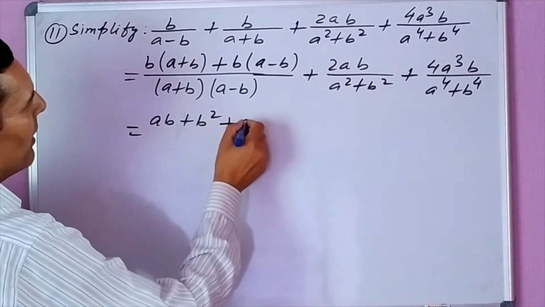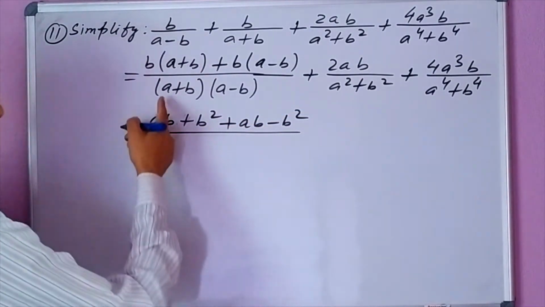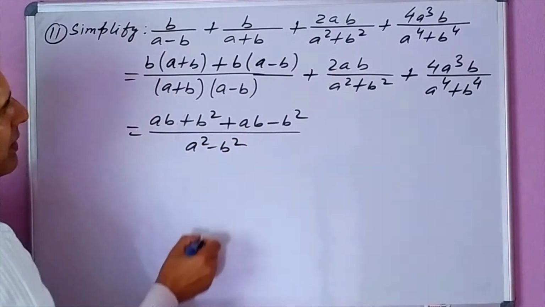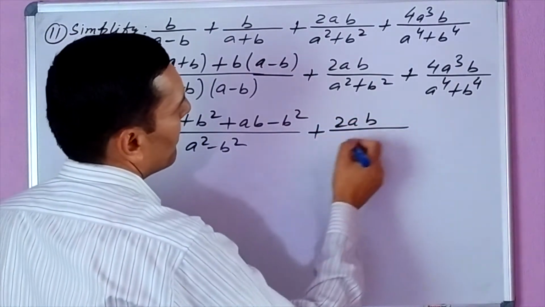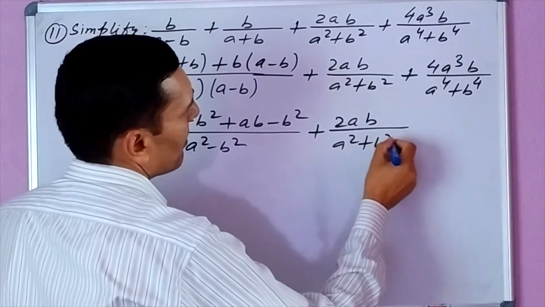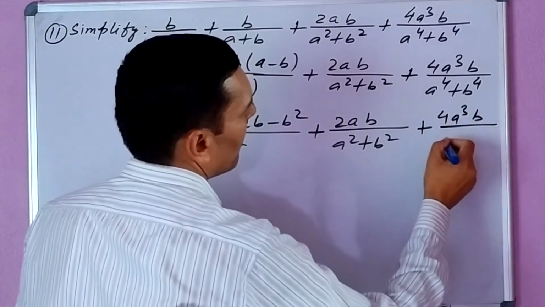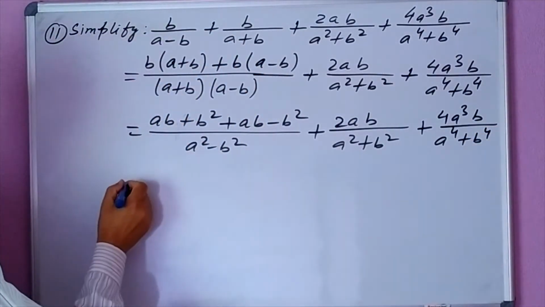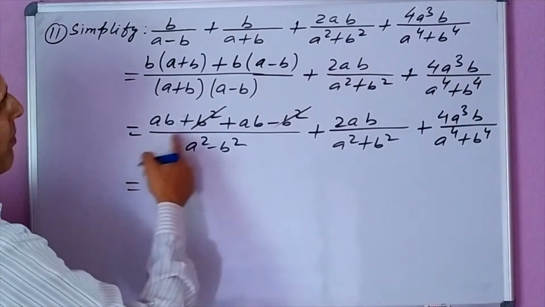Similarly, plus ab minus b square upon, for this a plus b into a minus b, we write a square minus b square, plus 2ab upon a square plus b square plus 4a cube b upon a power 4 plus b power 4 as it is. Now this plus b square minus b square cancels, ab plus ab.